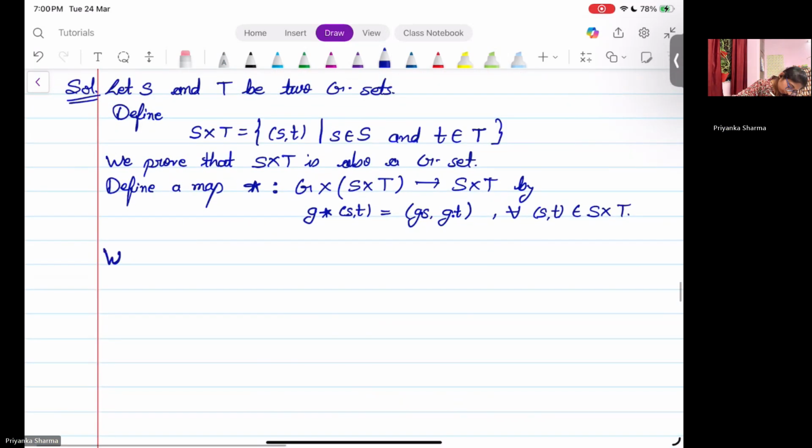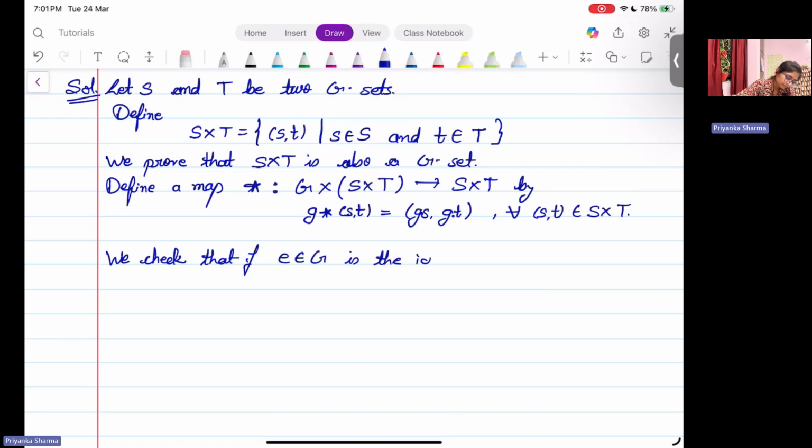So let's check. If e belonging to G is the identity, then what will be e star (s, t)?